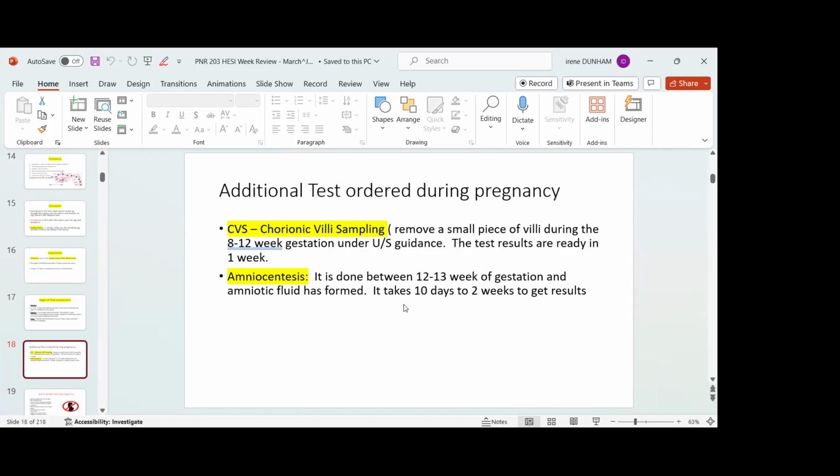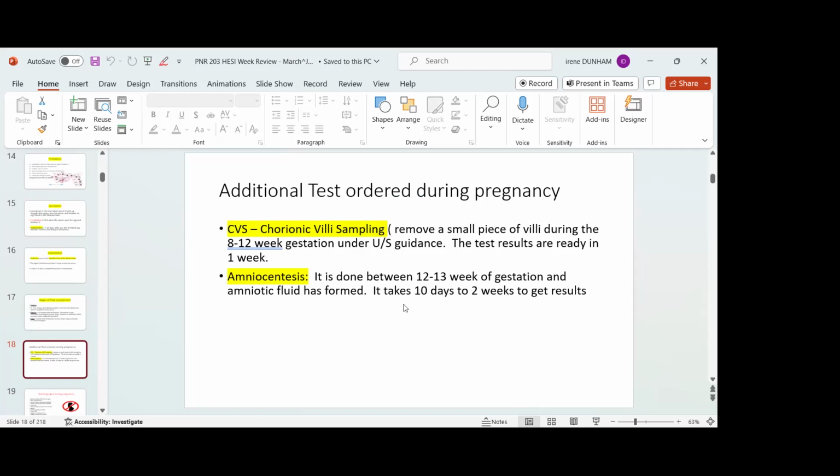Because this is really important: an amniocentesis done in the beginning of pregnancy is done for chromosome analysis. I have seen a HESI question asking, if it's done in the beginning of pregnancy, why is that being done? It's done for chromosome analysis.